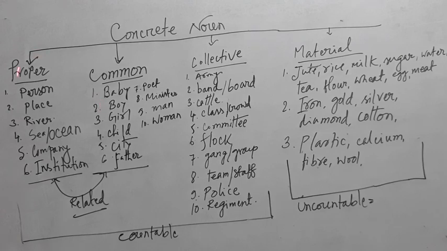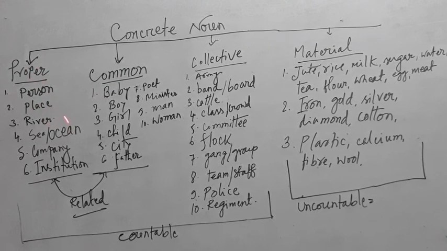See that? Proper noun and common noun. There is a link between them. They are related, overlaid. Person means common noun. It means all of the persons of the world. But when you tell the name of any person, then it will be a proper noun.